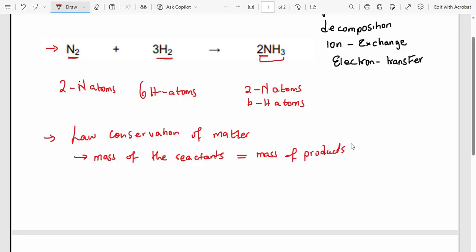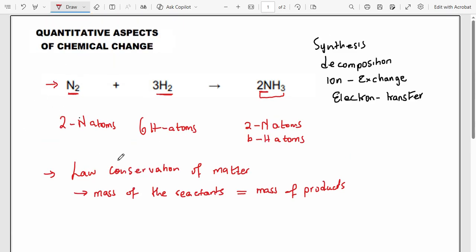The reason I'm introducing you to this law of conservation of matter is that it will allow us to do what we call quantitative calculations to determine the mass of the reactants and products during a chemical reaction. So this is what I wanted us to talk about.